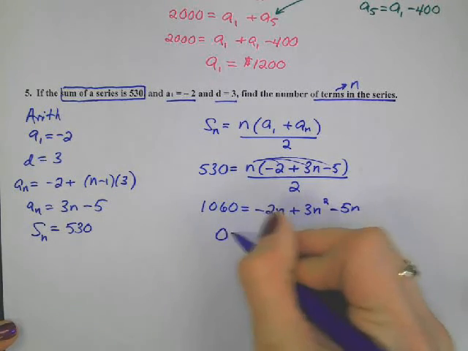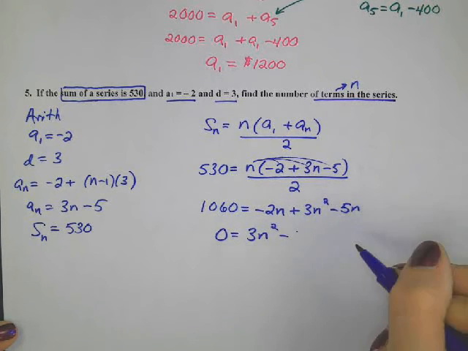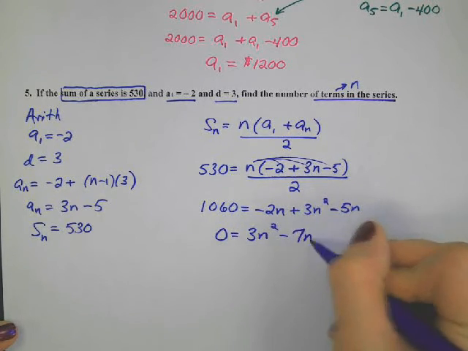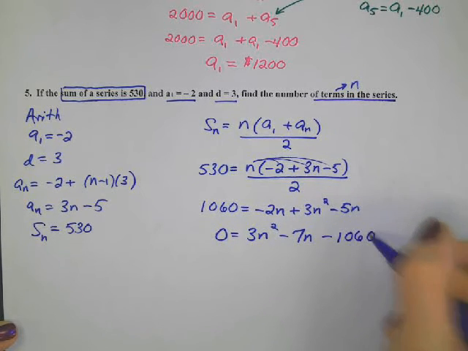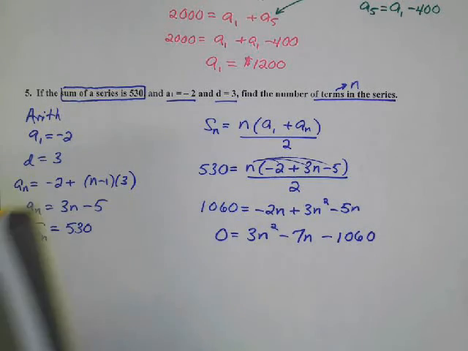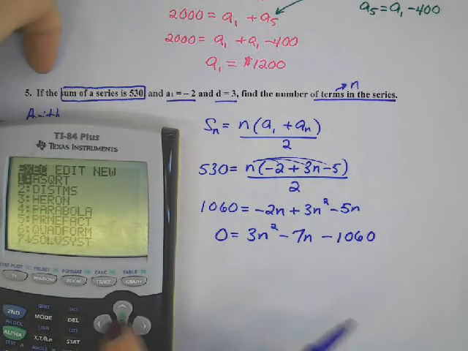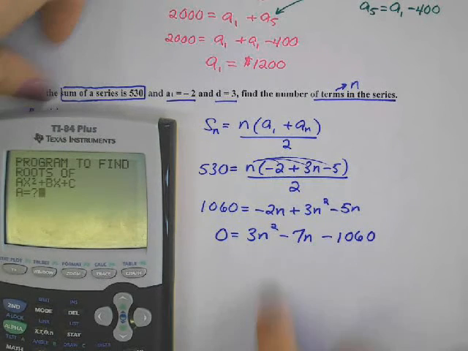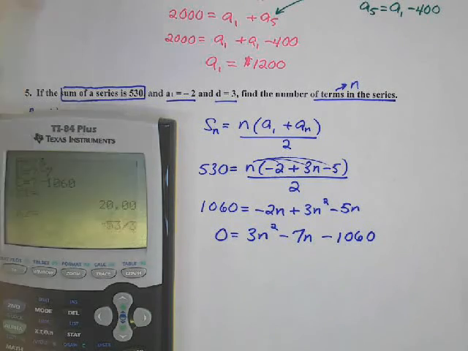I'm going to put everything on the right, in descending order: 3n squared minus 7n minus 1060. Hey, don't we have a program to solve quadratics called the Quadratic Formula program? Let's just use that. So we're going to use our quadratic formula program, and 3, -7, and -1060.